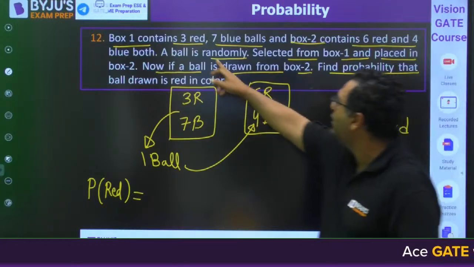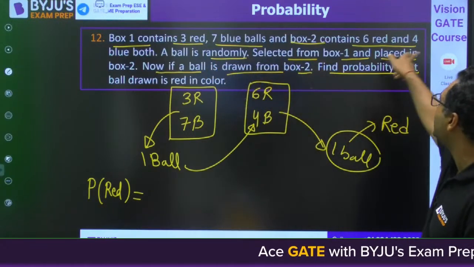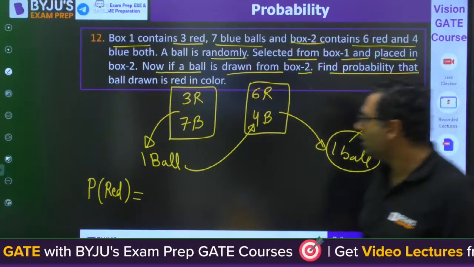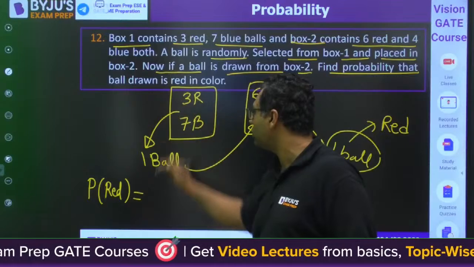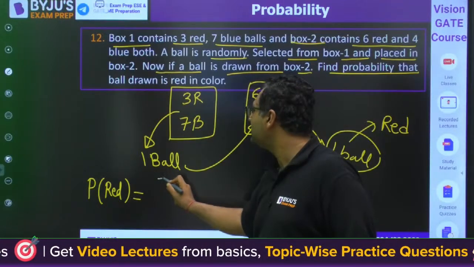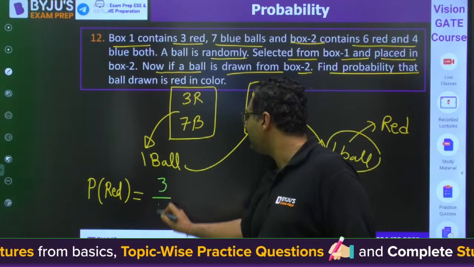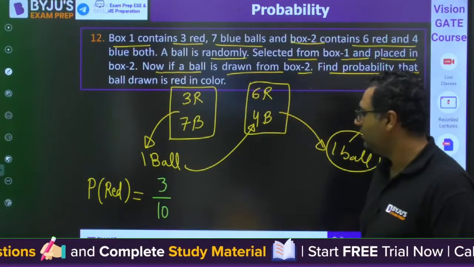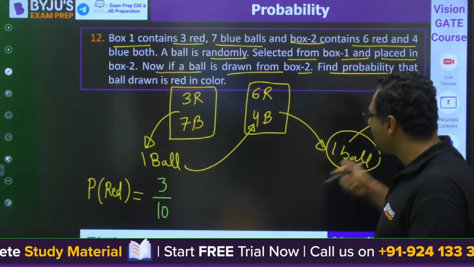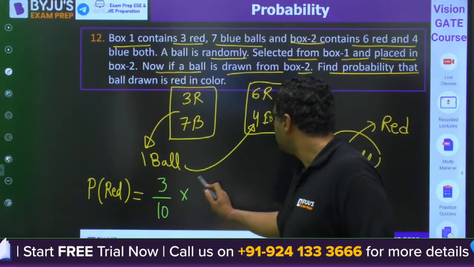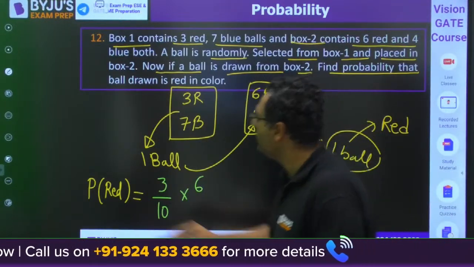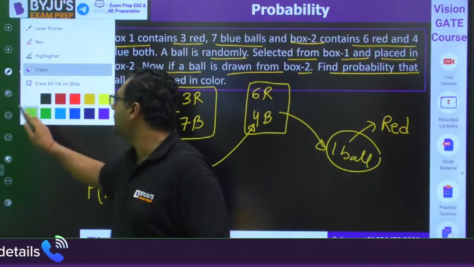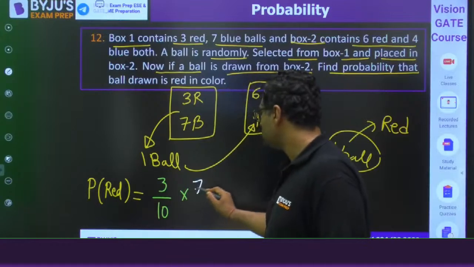That is, he is saying that a ball is randomly selected from box one, placed in box two, then we are taking one ball from the second box. So if we are taking red from this box, the probability of that is 3 by 10. Putting that ball into this, box 2 had 6 red, and now it will be 7 red. Then taking from here that is also red, so 7 by 11.